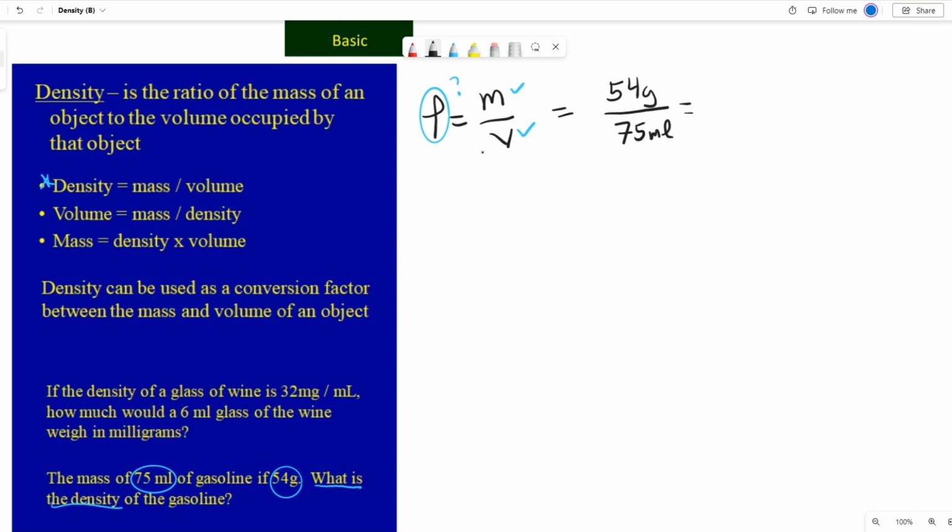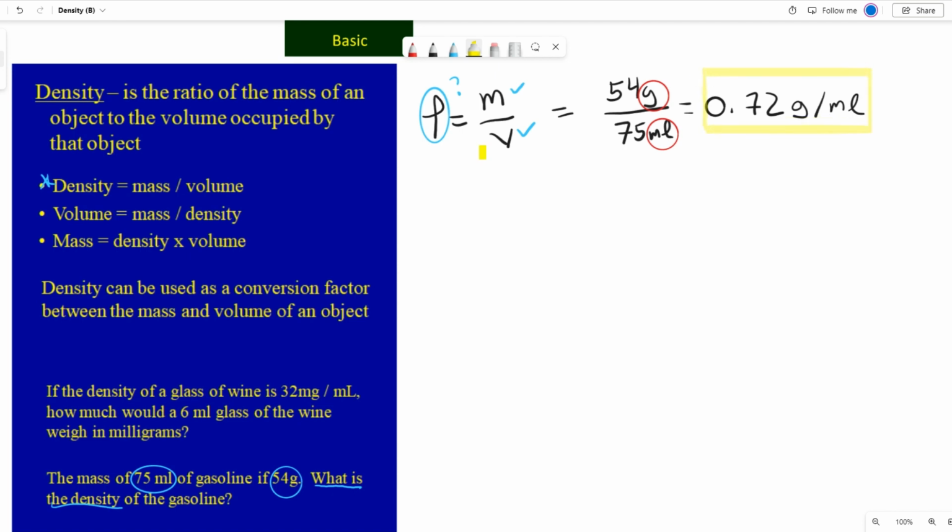If we take our 54 grams and divide it by 75 milliliters, we end up with 0.72. Now, what units are on that? Well, the grams didn't cancel out, and the milliliters didn't cancel out. So neither one of those units canceled out, so the 0.72 has both of those units on it. It's 0.72 grams per milliliter, and that's our density.